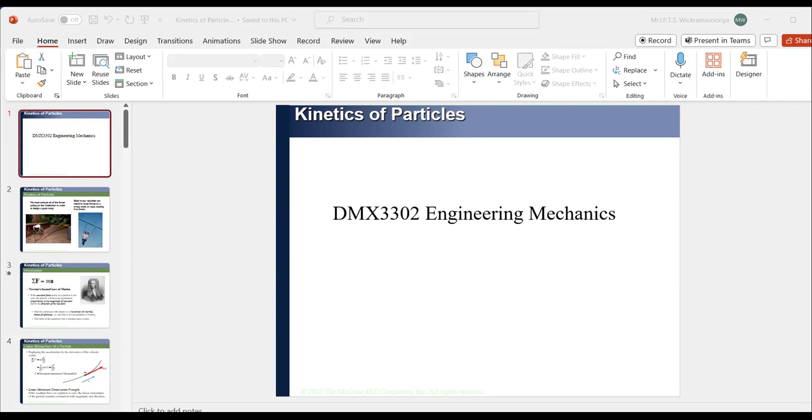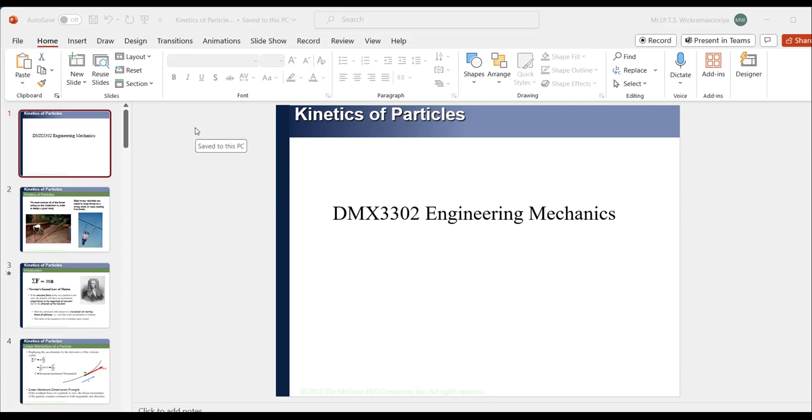Now, when you talk about motion, there are various different types of motions, so we can divide them for ease of our study.